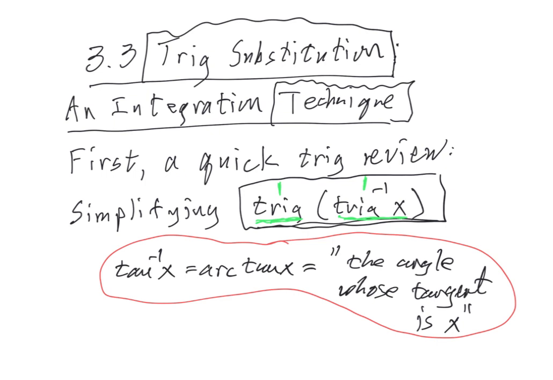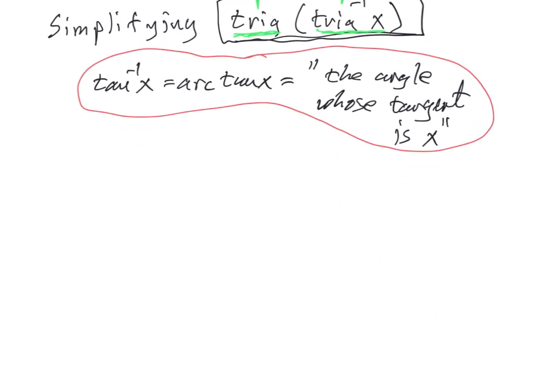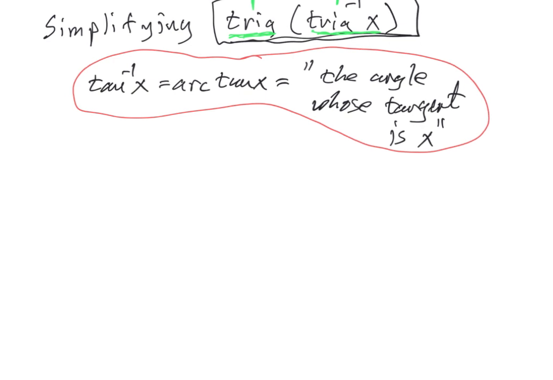But for a lot of students, I know there is some mystery. And that's the key to think about it: every inverse trig function is equal to an angle. And what angle is it? It's the one whose, in this case, tangent is that number.